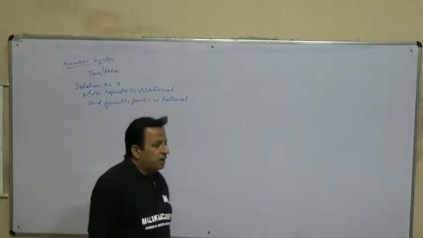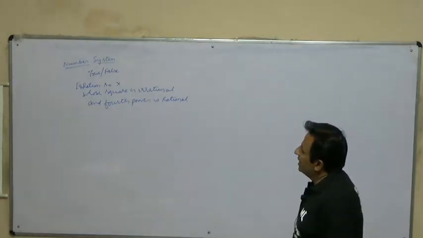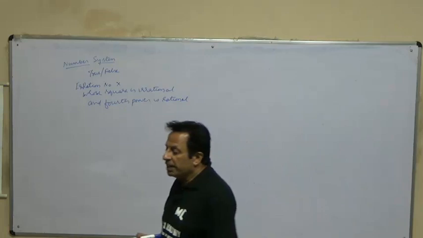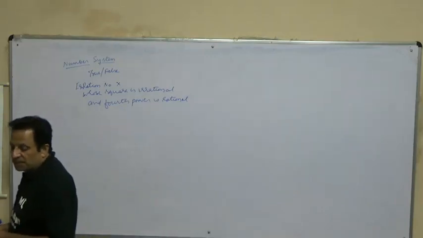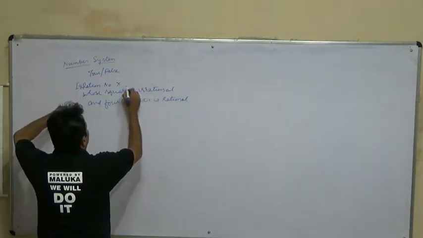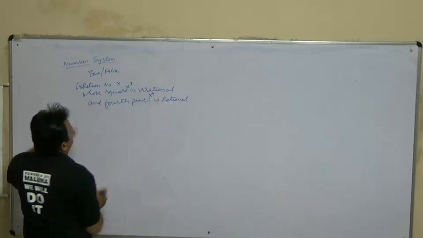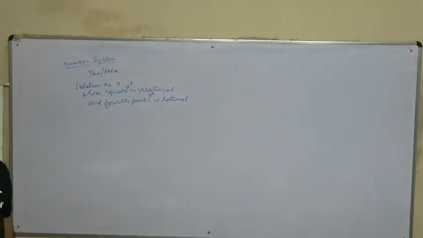So here we want to find an irrational number whose square is also irrational but whose fourth power is rational. Means x square is irrational and x to the power 4 is rational. So does any such number exist?